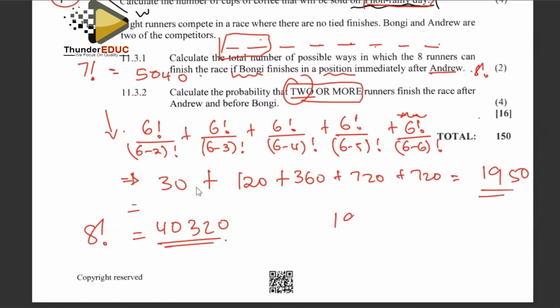So the probability, I'll say, is 1950 over 40320. When I punch that into the calculator, 1950 divided by 40320, that gives me 0.0484.